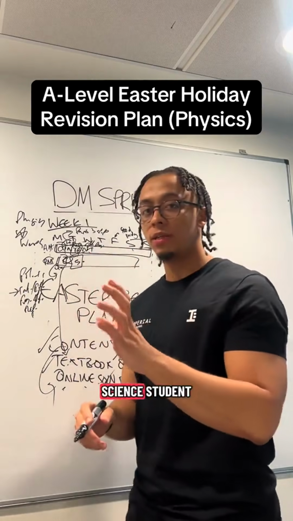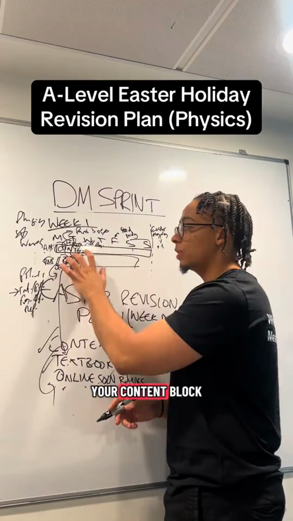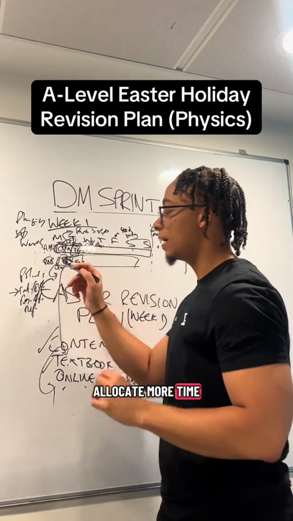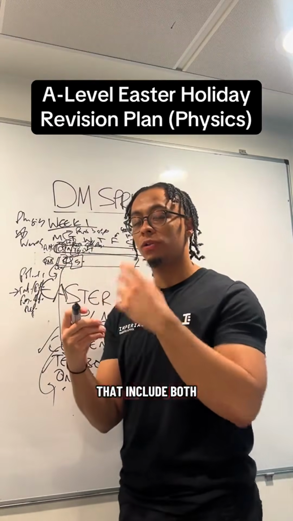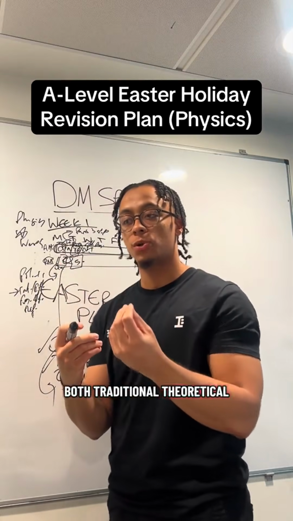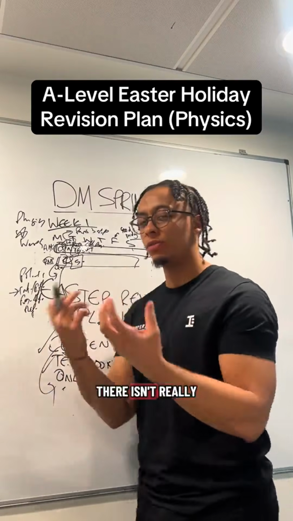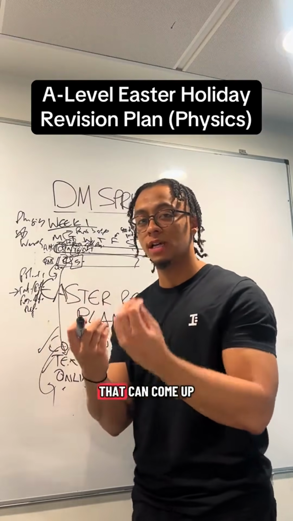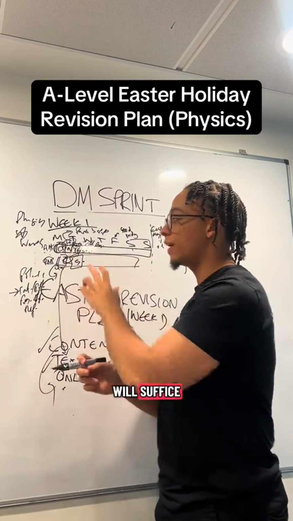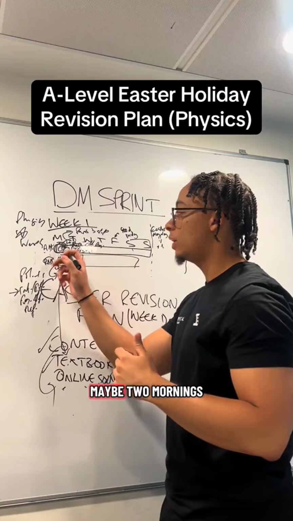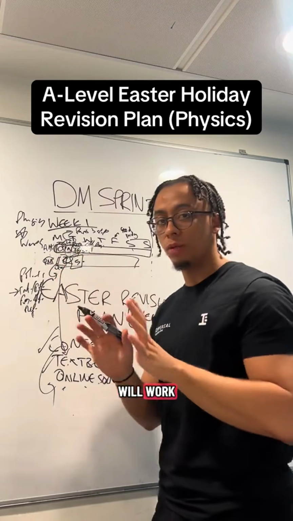So if I was a science student in general, your content block, allocate more time to the modules that include both traditional theoretical content and lab-based questions. However, if it's a topic where there isn't really much lab-based questions that can come up, then 1 morning will suffice. However, for the former, maybe 2 mornings back-to-back will work.